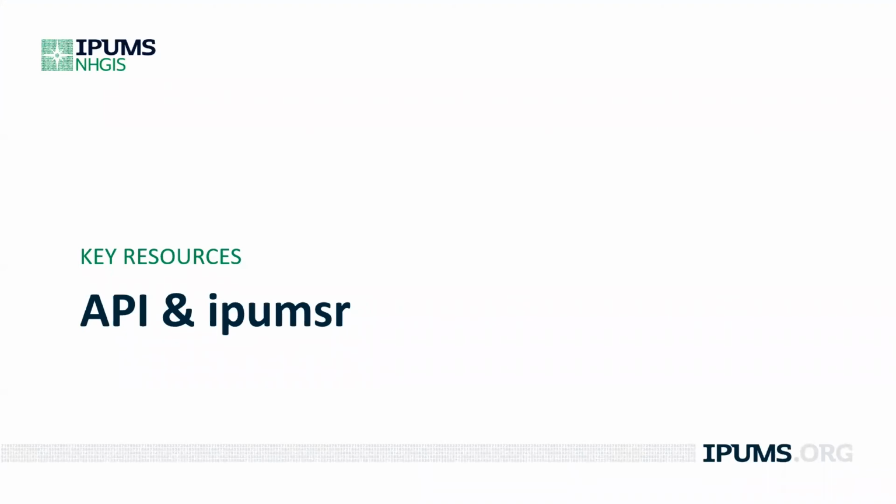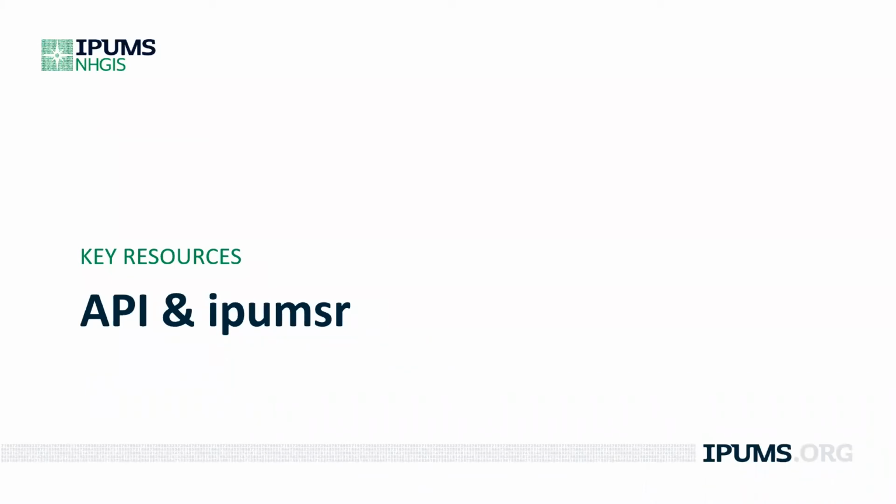And to conclude my presentation, I just want to show a few additional resources we are working on and adding for users who would like to have programmatic access to our extract system, so that you don't have to go through the point and click that I just demonstrated a little while ago.